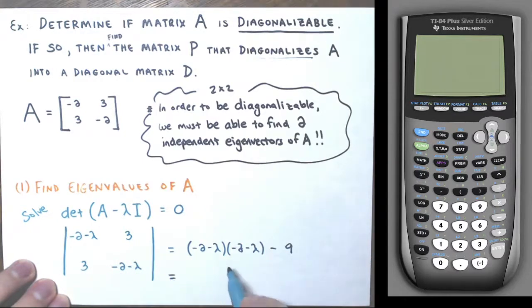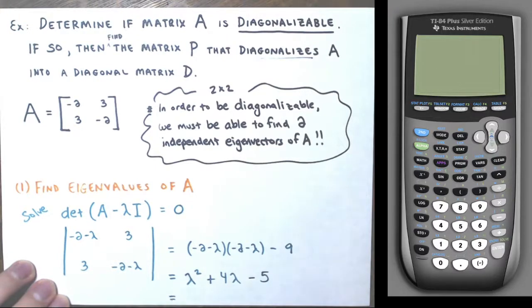And I'll simplify this: multiplying these two, I'd have lambda squared, plus 2 lambda plus another 2 lambda, it's plus 4 lambda. And then -2 times -2 is positive 4, but then minus 9, so positive 4 minus 9 is minus 5.